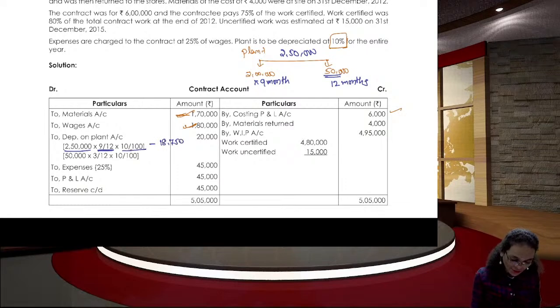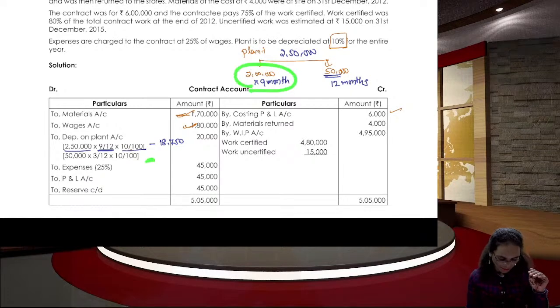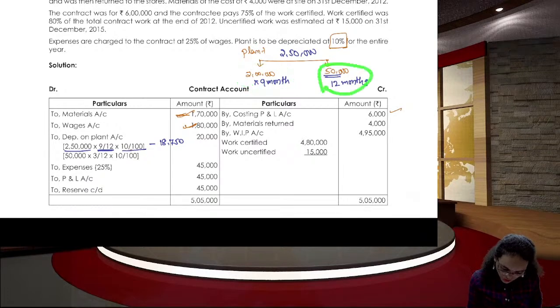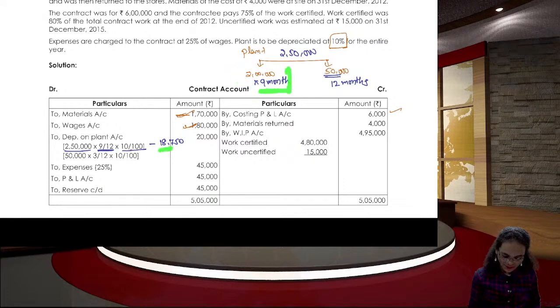And after these 9 months, it has been sent to the stores, means it has been sent to the company, means it is not used for this particular project. This was used up to 9 months. We have taken the depreciation here, and for the remaining 3 months we need to take depreciation here.